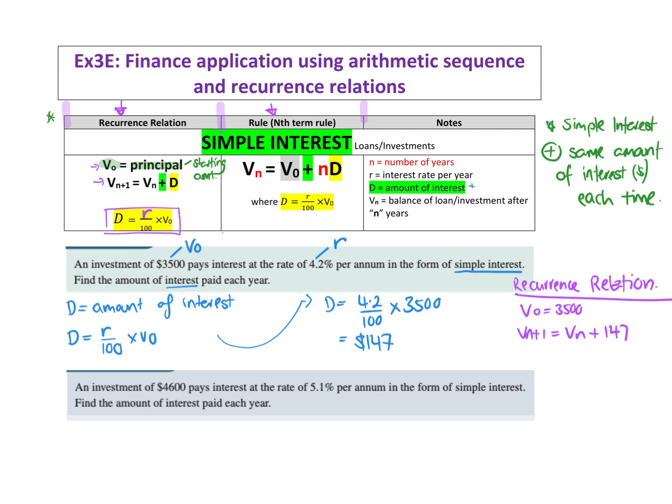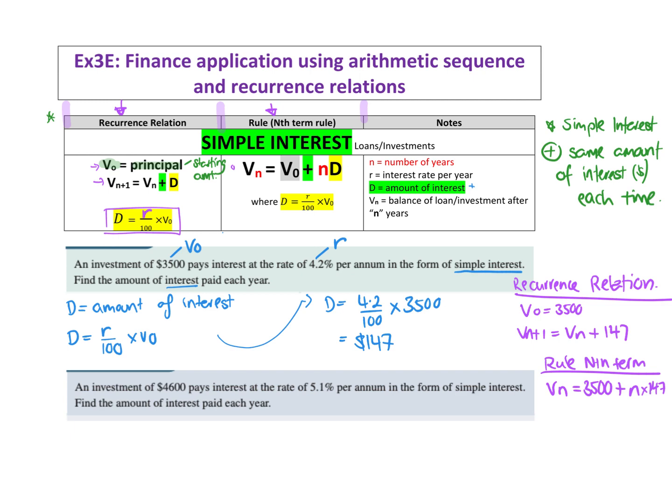If I was asked to write the rule for the nth term, I would write Vn equals, now I'm looking at this formula in the middle, I'd have to write V0, so in this case is 3,500 plus n times D, which was 147, okay?